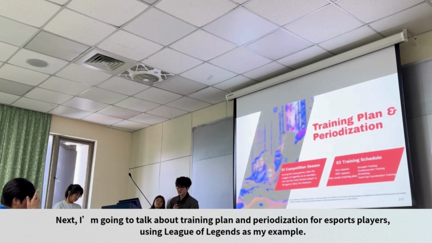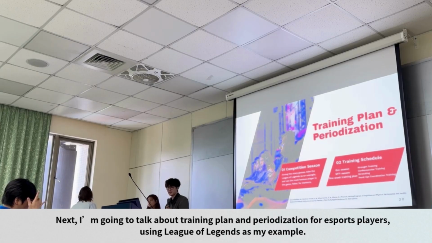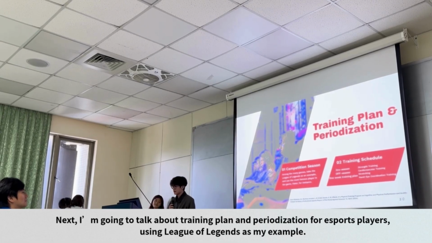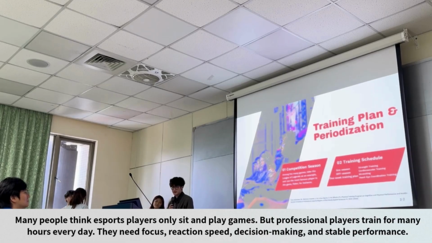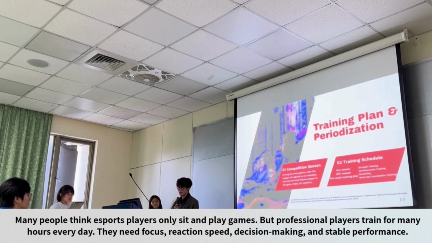Okay, so next I'm going to talk about the training plan and the prioritization for e-sport players, using League of Legends as my example. Many people think e-sport players only sit and play games, but professional players train for many hours every day, and they need focus, reaction speed, decision making, and stable performance.